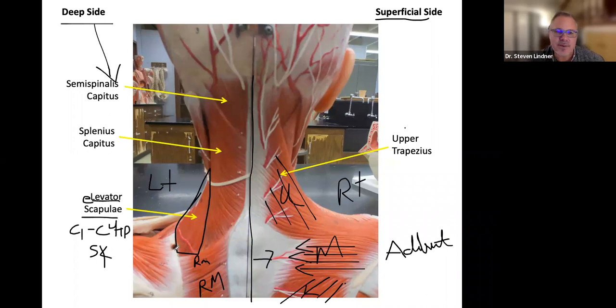It goes to the superior angle. So it's going to elevate. It's going to be like shrugging your shoulders up. Like if someone asks you a question and you say, I don't know, that's levator scapula doing that. So C1 to C4 transverse processes, and it inserts on the superior angle. And it's always the insertion that moves.